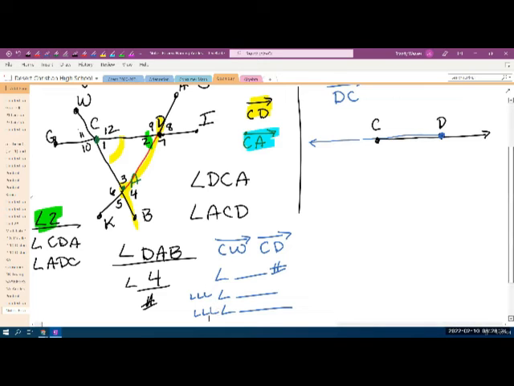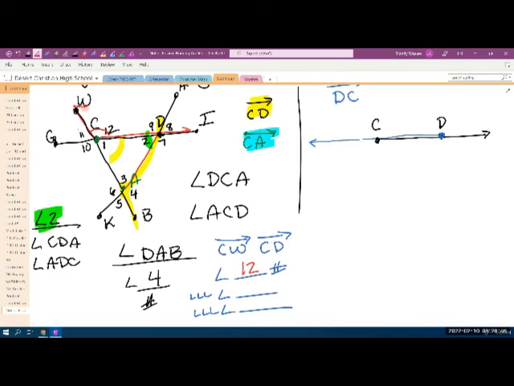Sean, what did you get for the angle number here? Angle 12, that is correct. Angle 12 right here. Ray CD, ray CW. Okay, what's a way I could name that, Brett, give me one.